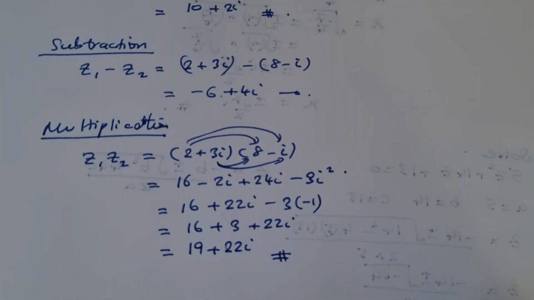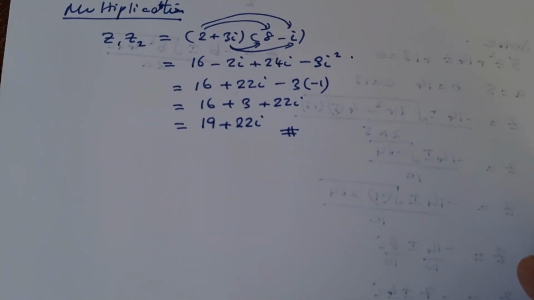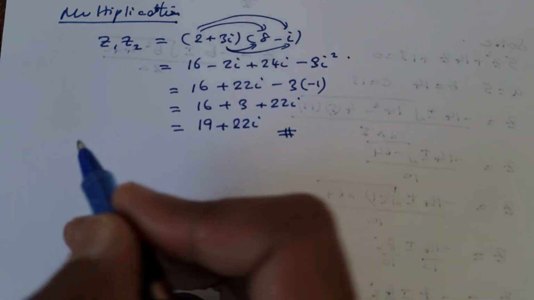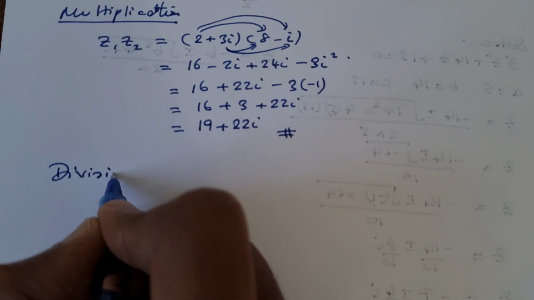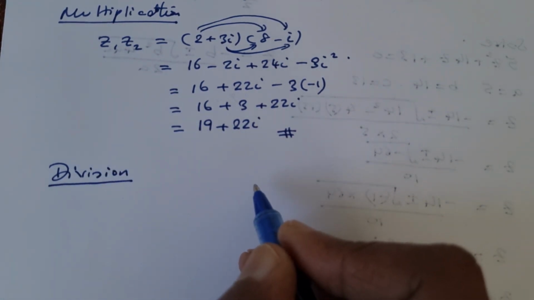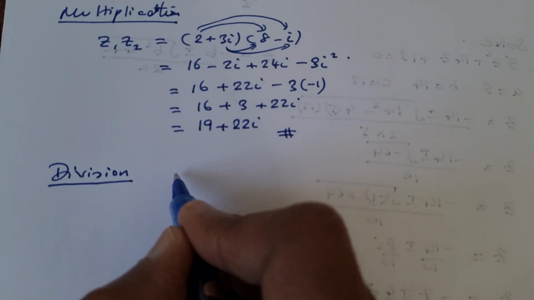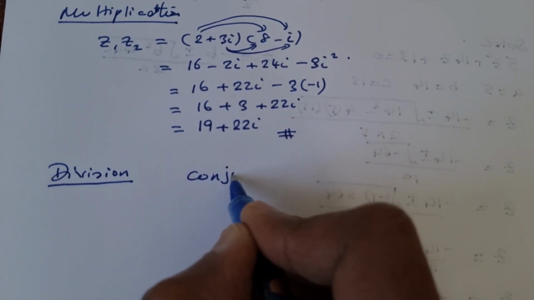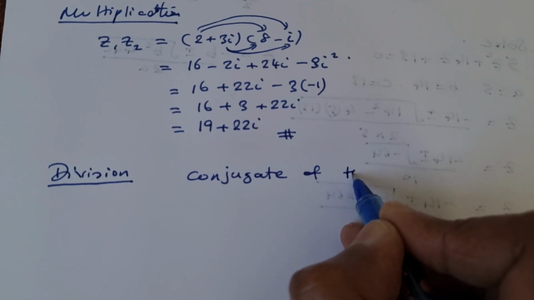And what about division of complex numbers? That's a little bit more tricky. But once you've learned it, you've mastered it for life. So we're going to look at division of a complex number. When we look at division of a complex number, that's where we introduce the idea of the conjugate of the denominator.